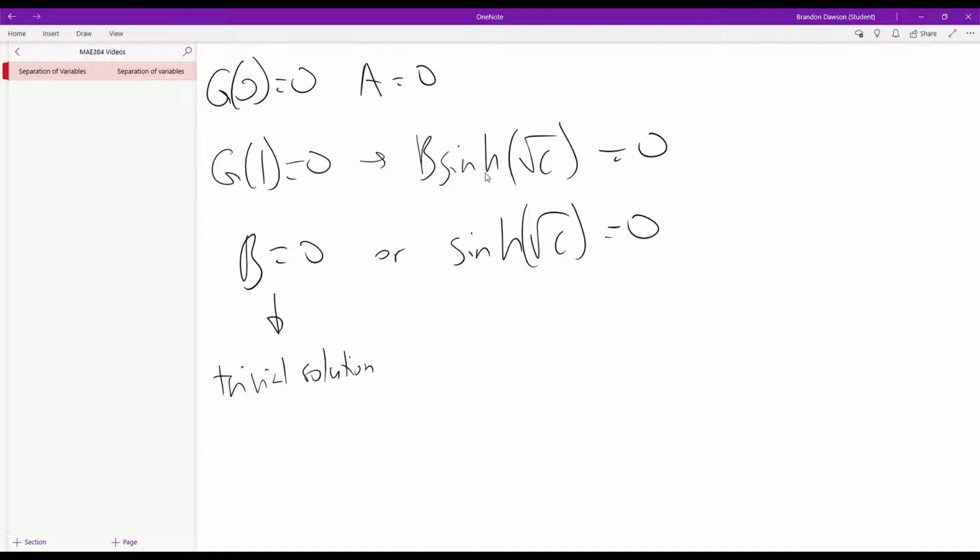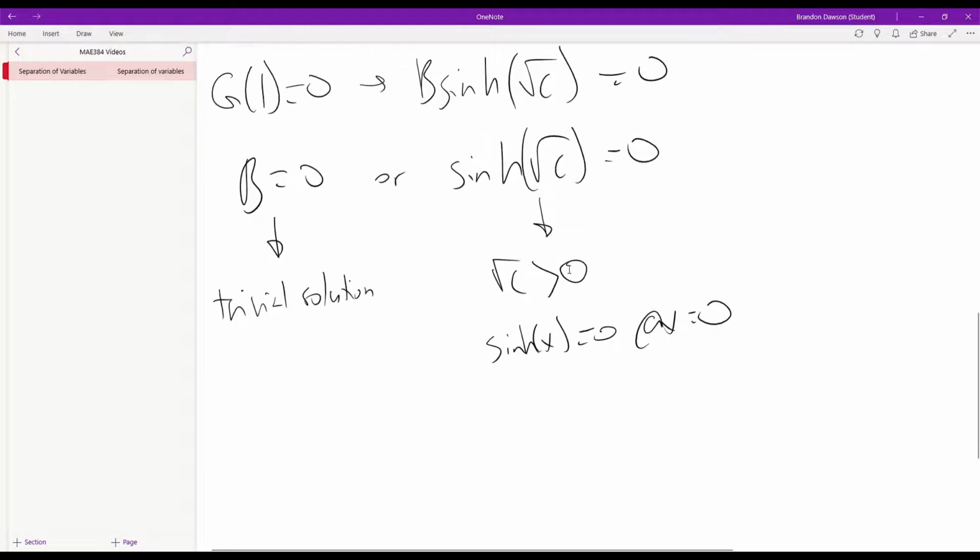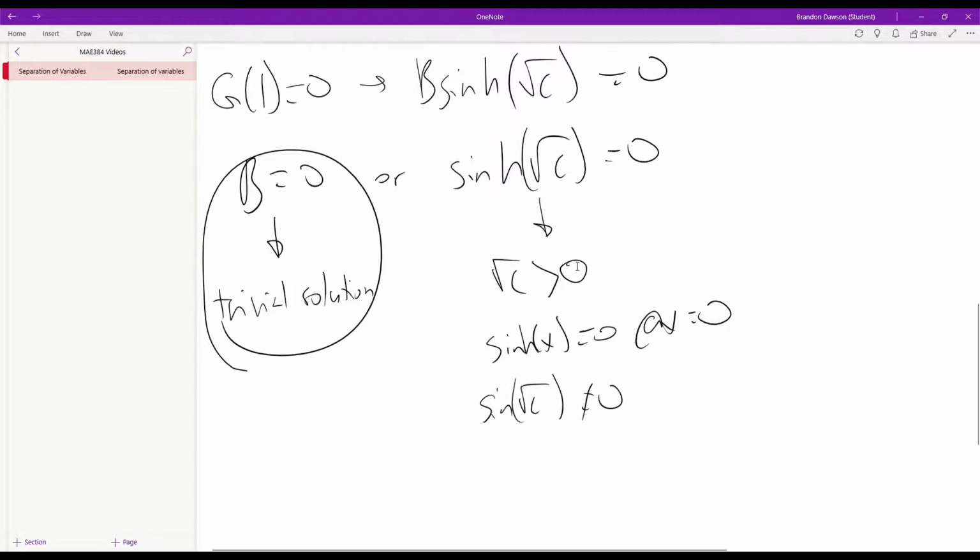If that is able to equal 0, then we can actually have a solution that counts towards our final solution. In this case, however, because we have defined root c to be greater than 0, sinh of x is only equal to 0 at x equals 0, which means sinh of root c cannot equal 0, in which case b equals 0 and we have a trivial solution.